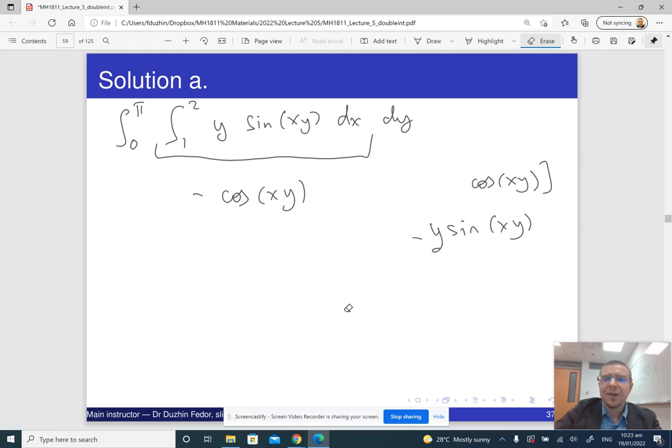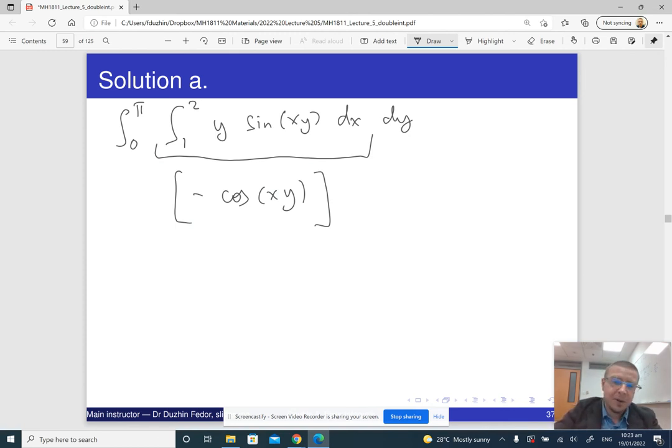So it's just the answer. Okay, so this is the antiderivative, and I've got to take the change of this antiderivative from 1 to 2. But you've got to be careful because there are two variables here. So it is better to remember that we are integrating with respect to x, so it's the change with respect to x from 1 to 2.